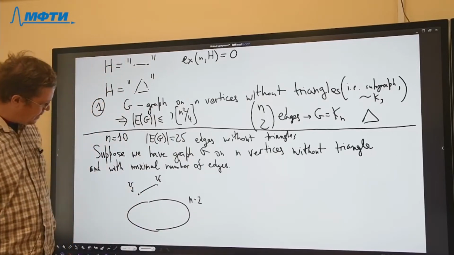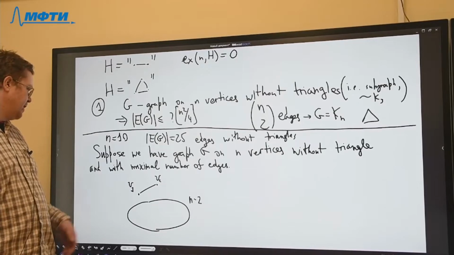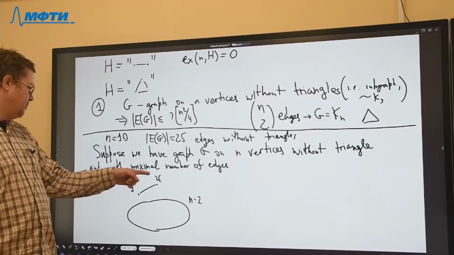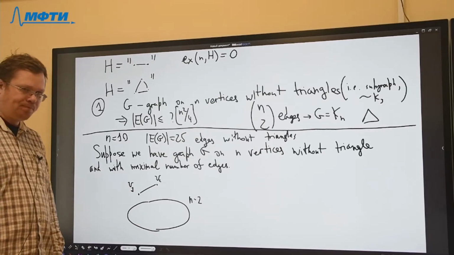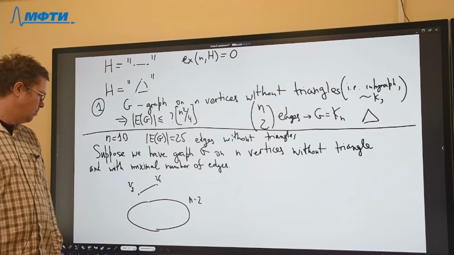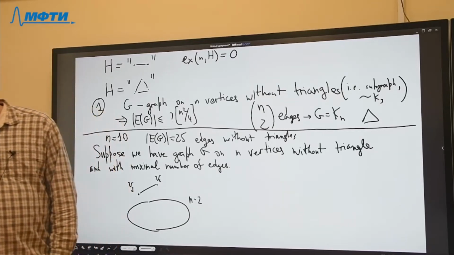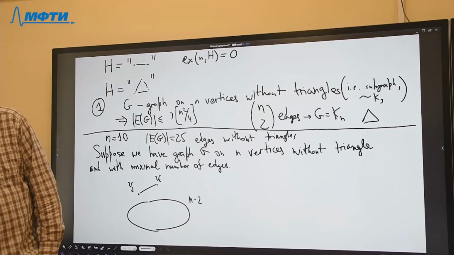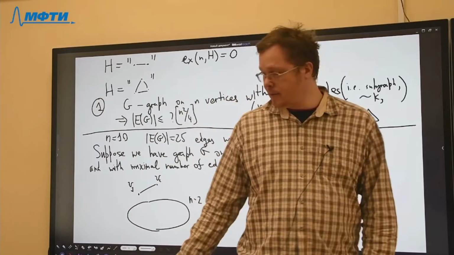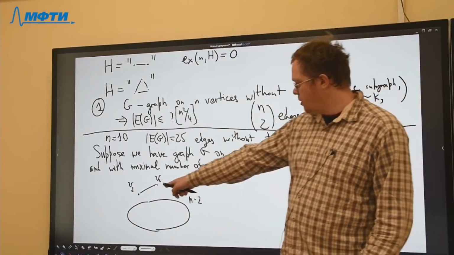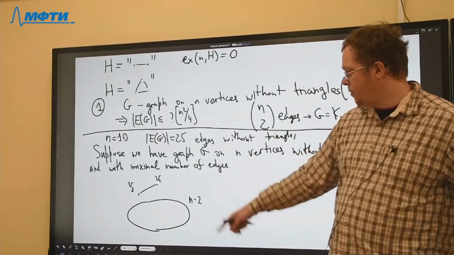Can we calculate how many edges can be between V1, V2, and the other n minus 2 nodes? Can we have some restriction on the number of edges between V1, V2, and the other vertices of this graph?